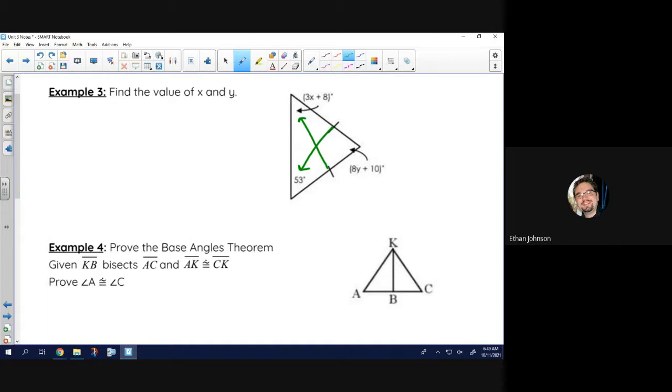Well, I only said one variable, so let's find x. 3x plus 8 equals 53. Let's solve. 3x, we're going to subtract 8 from both sides to get 3x equals 45. Divide by 3. X equals 15.